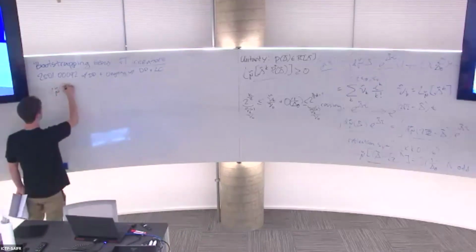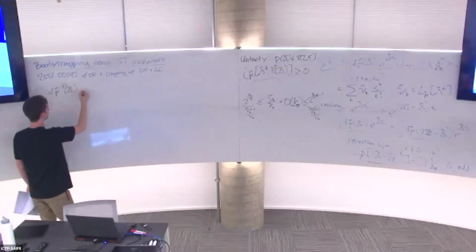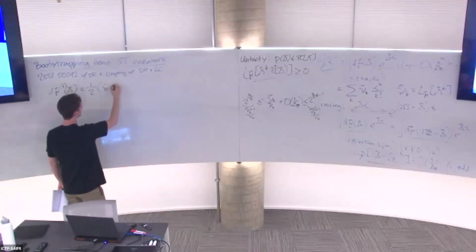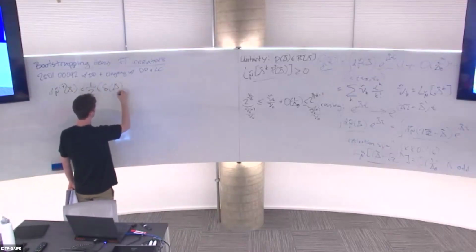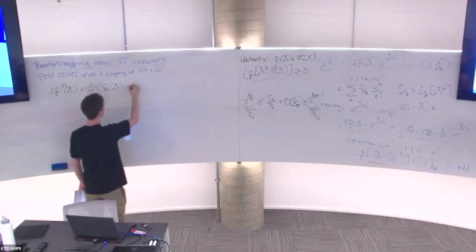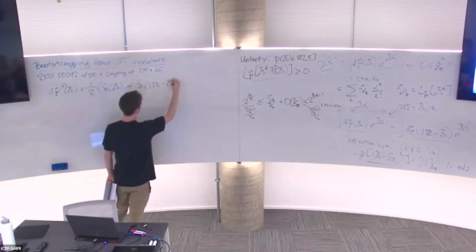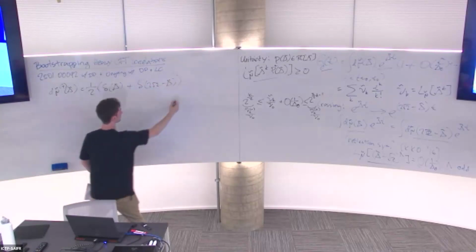So this upper extremal measure, after normalization, is given by a single delta mass at 0 and a delta mass at 2 square root 2, delta twiddle.